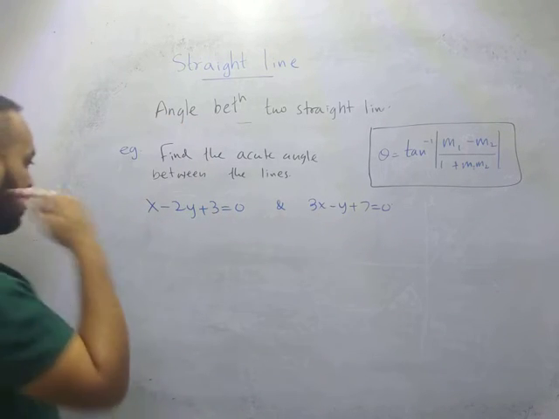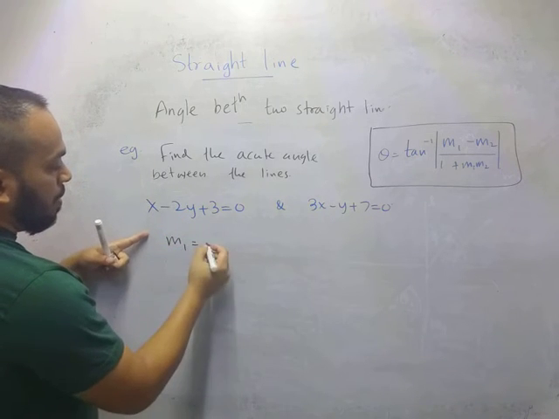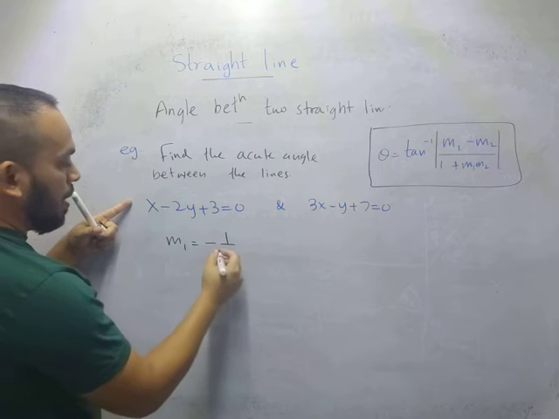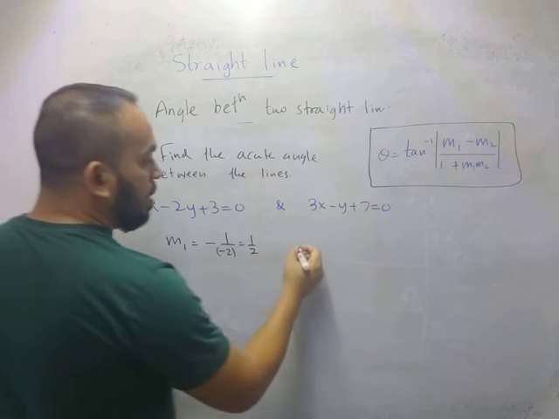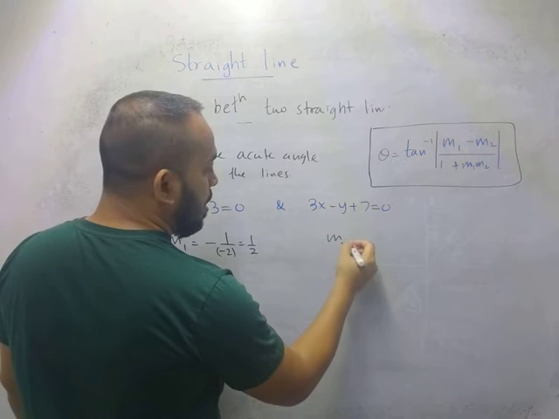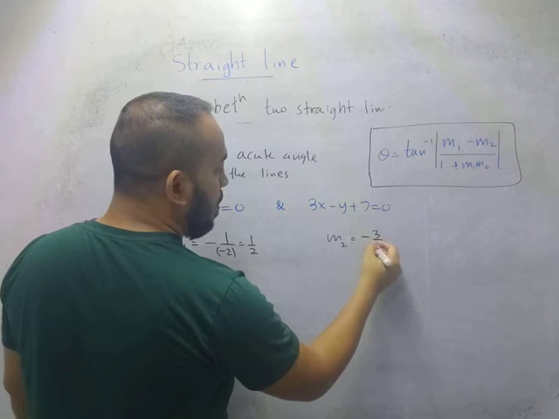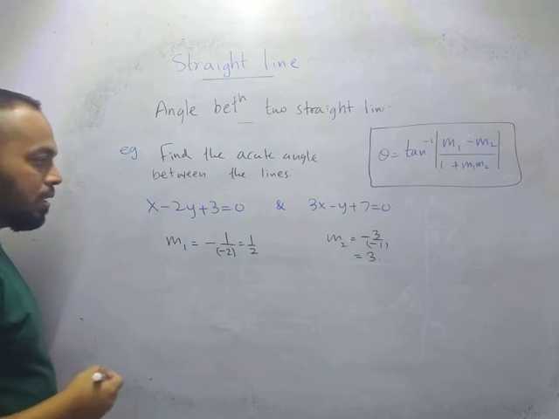Let's first write down the gradient. Suppose this is m1, so the gradient would be minus x coefficient divided by y coefficient, minus 1 divided by minus 2. So the gradient is half. Then here the gradient, let's say m2, is equal to minus 3 divided by minus 1. The answer is 3. These are the two gradients.